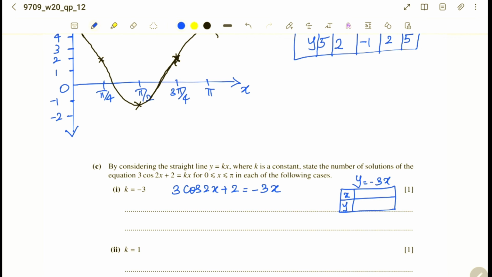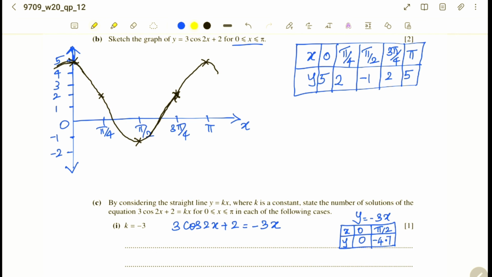When x equal to 0, y is also 0. When x equal to pi over 2, y value is negative 4.7. For this, let us draw a line: 0, 0 here, pi over 2, negative 4.7.